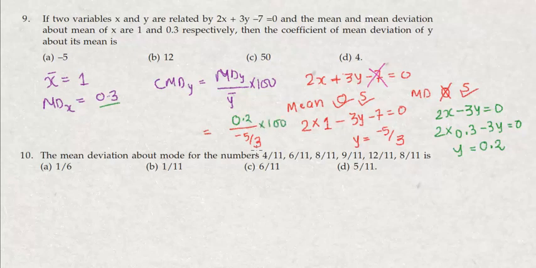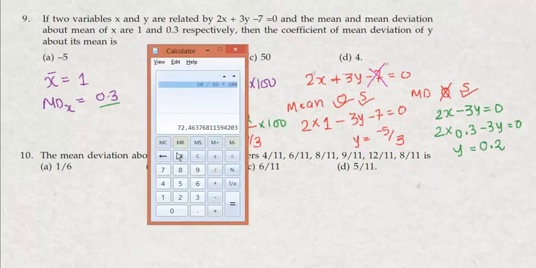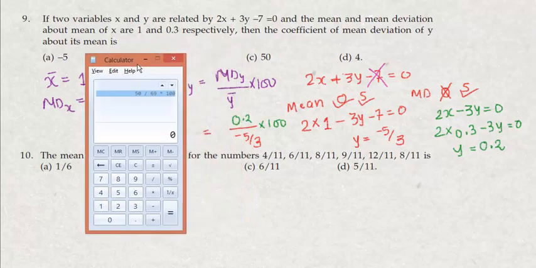Let's put it here. It is 0.2 into 100. Okay. Now 5 by 3 is nothing but 1.67, and let us divide it by using calculator only. We have 5 by 3, which is nothing but 1.66, as I said to you.